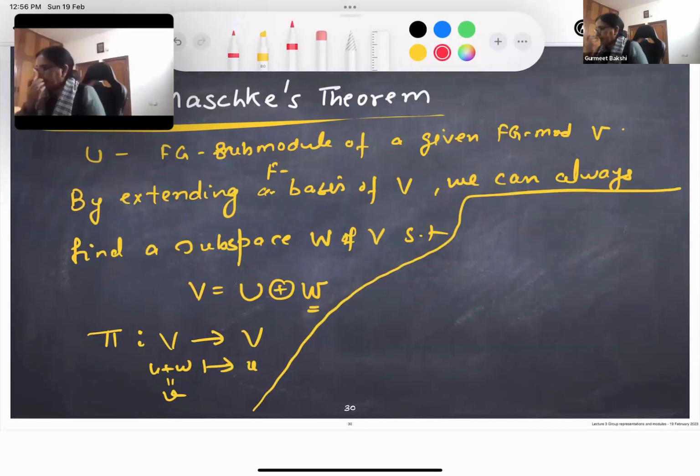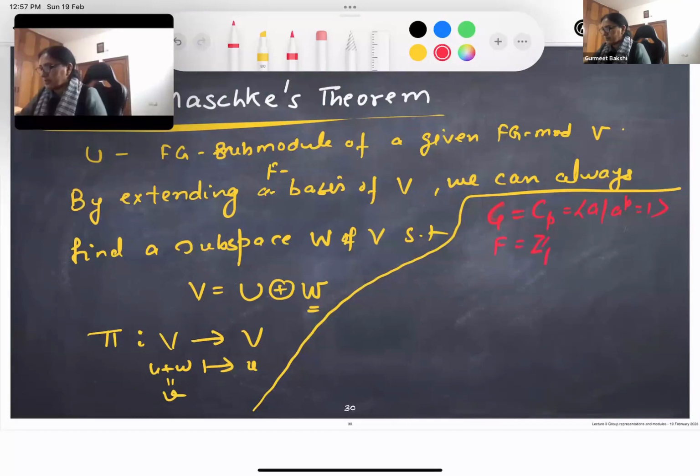All right, and let me write down an example which I worked out. Take G to be a cyclic group of prime order, and take the field to be the field with p elements.